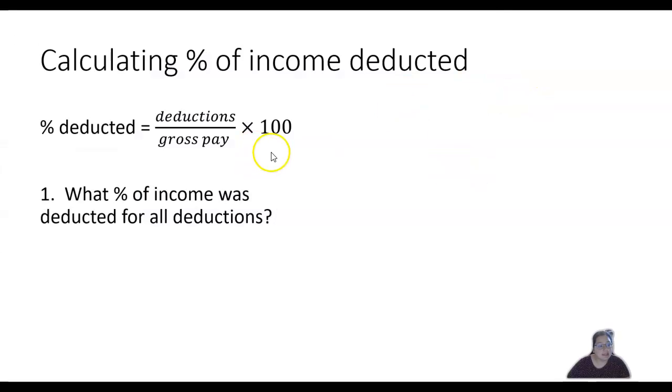All right, the last thing we need to talk about is calculating the percent of income deducted for different expenses. So the formula that we're using is the percent deducted is equal to the deductions that we're looking at divided by the gross pay multiplied by 100. So we want to know what percent of income was deducted for all deductions.